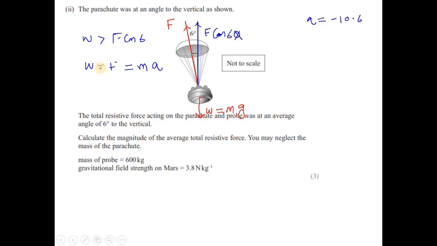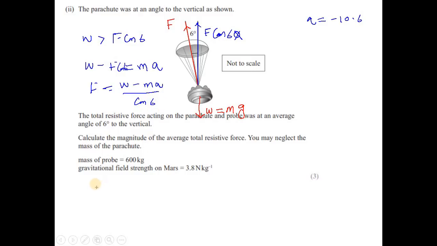So W should be greater than F cos 6. So I can rearrange this equation for F, and I can say that F is equal to MW minus MA divided by cos 6.